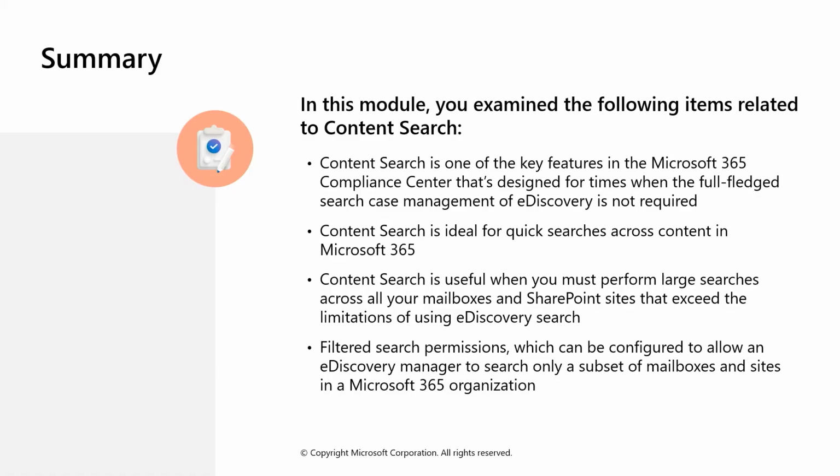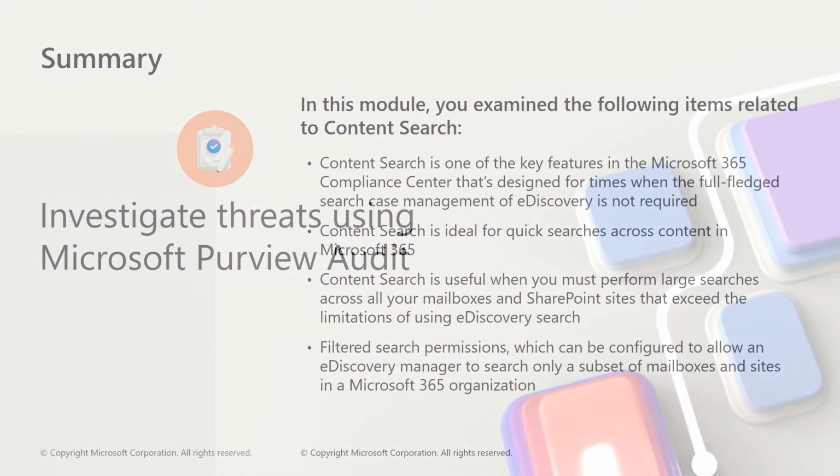We also looked at content search when it's useful when you must perform large searches across all your mailboxes and maybe your SharePoint sites that exceed the limitations of just the eDiscovery search. And we looked at filter search permissions, which can be configured to allow an eDiscovery manager to search only a subset of the mailboxes and sites in a Microsoft 365 organization.